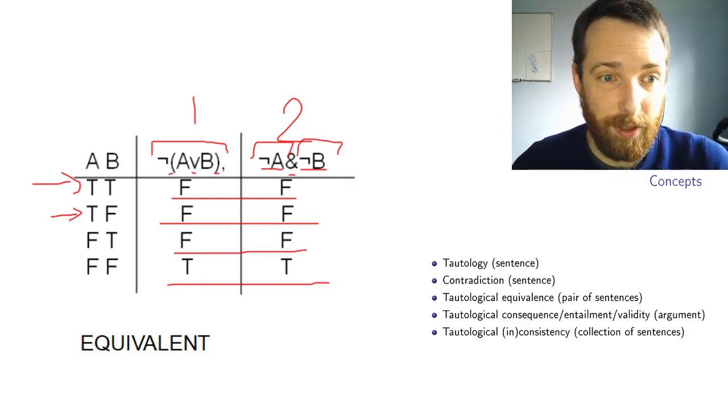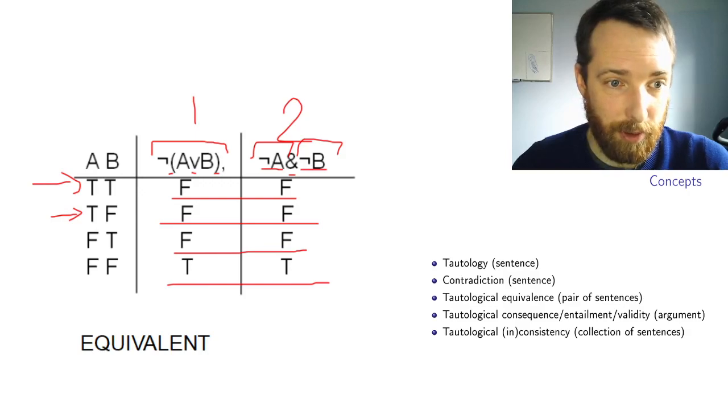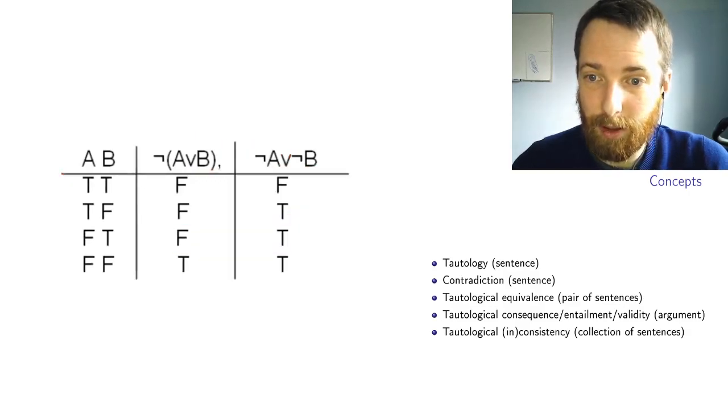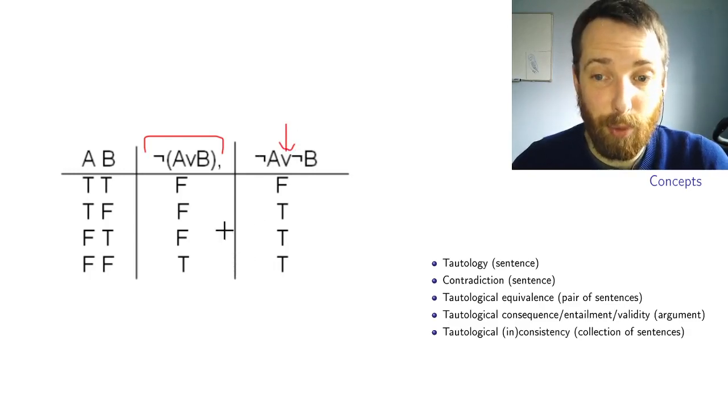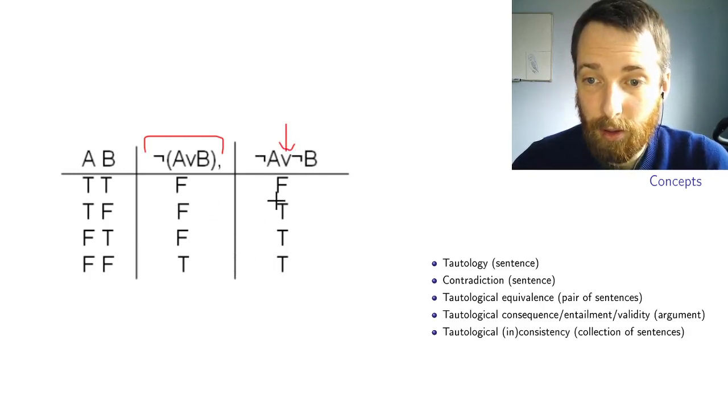Here's a set of sentences that are not equivalent, if I'm going to the right page. So here, these two sentences, I've again got not bracket A or B, and this time I took the brackets off, put the negation on the A and on the B, but I didn't change from "or" to "and." And if you work out this truth table, you'll get, well, so not A, that's false here.